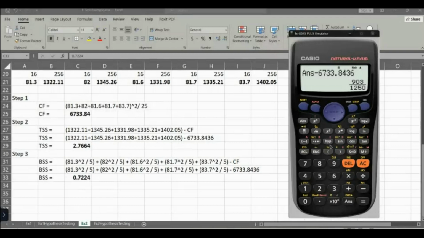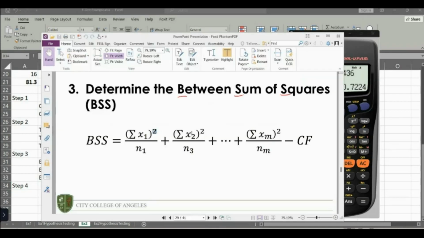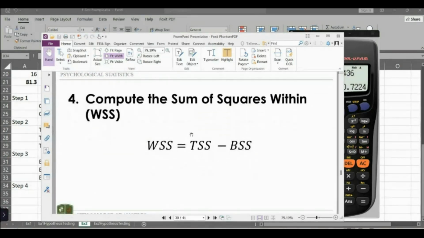8436. Okay, and indeed, we got the same 0.7224. Okay, very good. Next, step number 4. After getting the between sum of the squares, we'll now move on to the within.